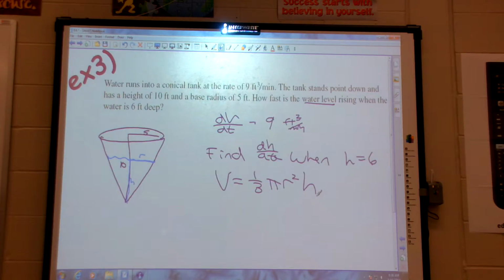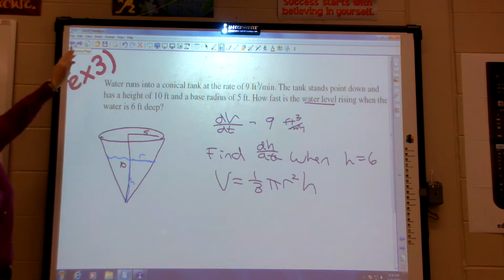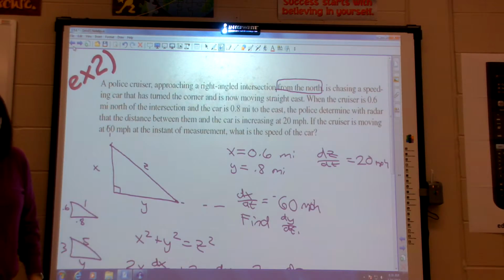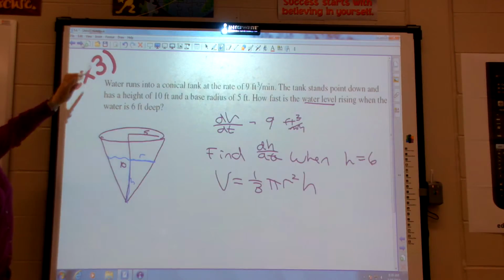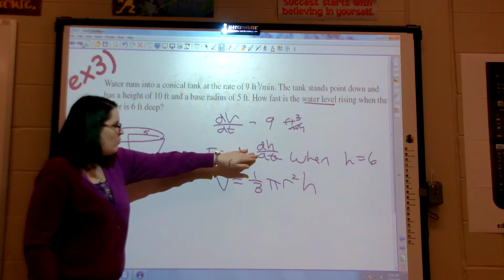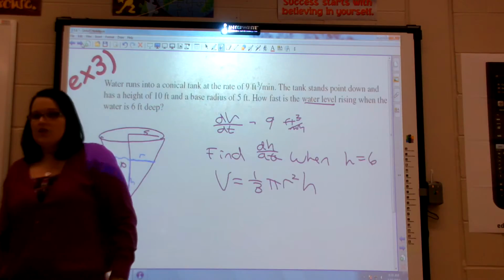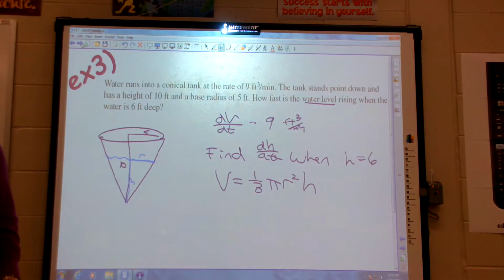Now, in the last problem, I was missing a variable, and we were able to find the variable, correct? But if you're missing a rate, there's no way to find the rate. Just not possible. So that tips you off that I am missing a rate, because I'm finding one, I have one, but I know nothing about dr/dt, correct? And I can't find it.